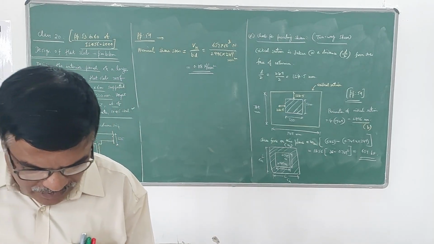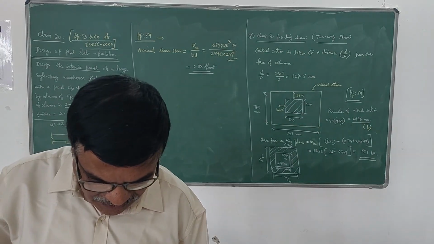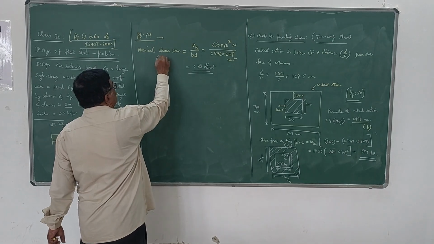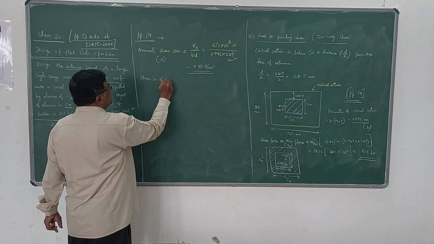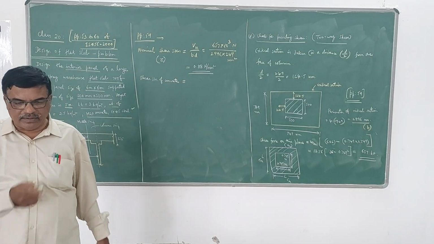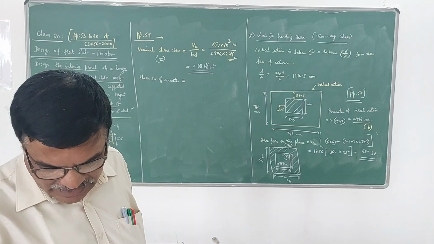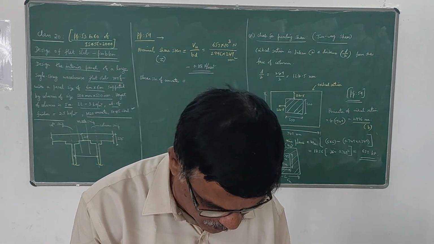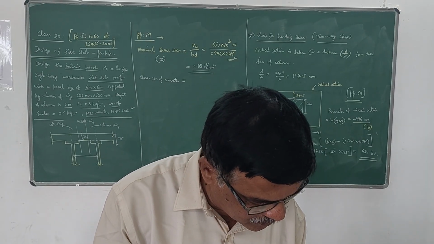Now we have to calculate what is called the shear strength of concrete. Actually this is tau v. Shear strength of concrete, we have to calculate and compare that value with this. Shear strength of concrete as per clause 31.6.3 on page number 59. If you open the code, all these designs are similar to those in RCC.